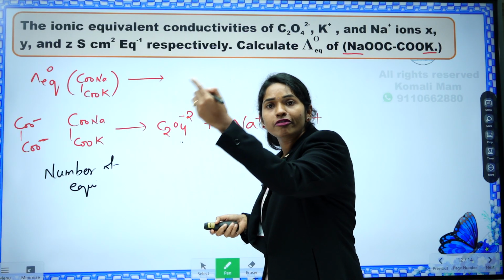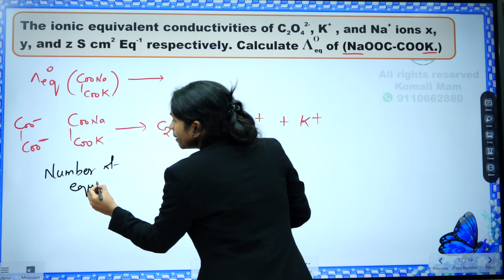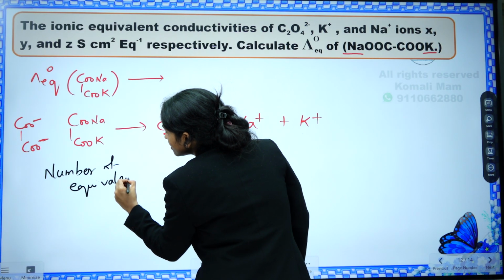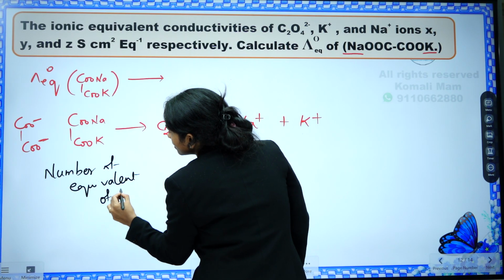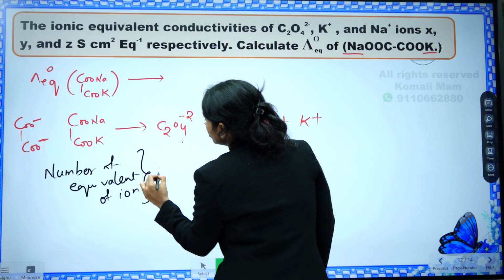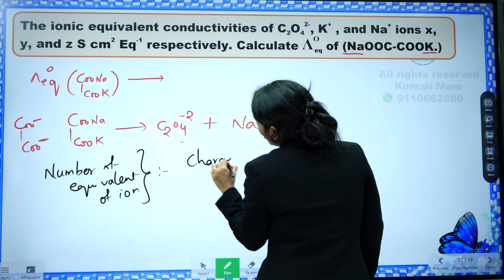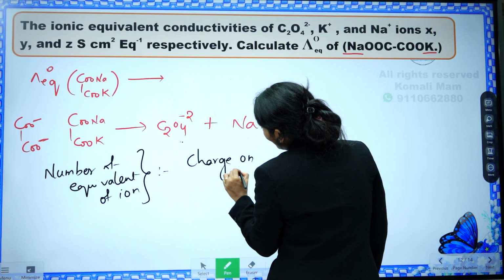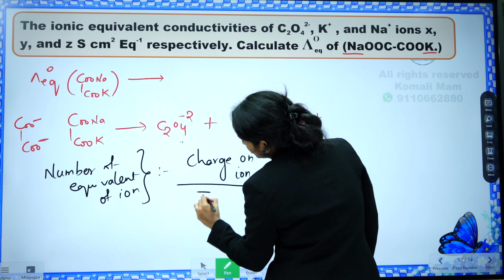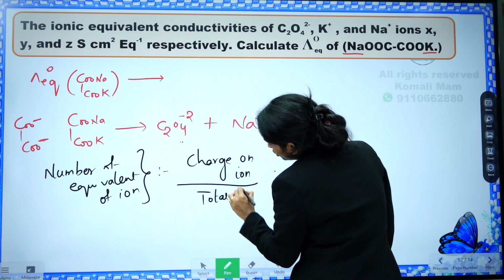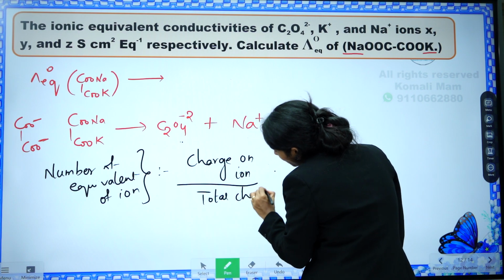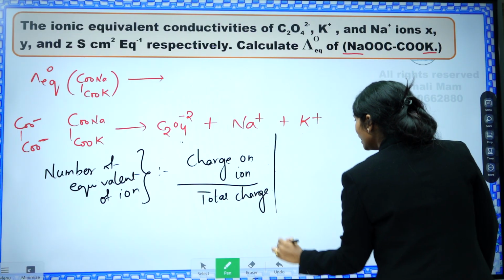Otherwise, do it the same way as before. The number of equivalents of an ion is equal to the charge on the ion divided by the total charge. What is this formula? Let us see.